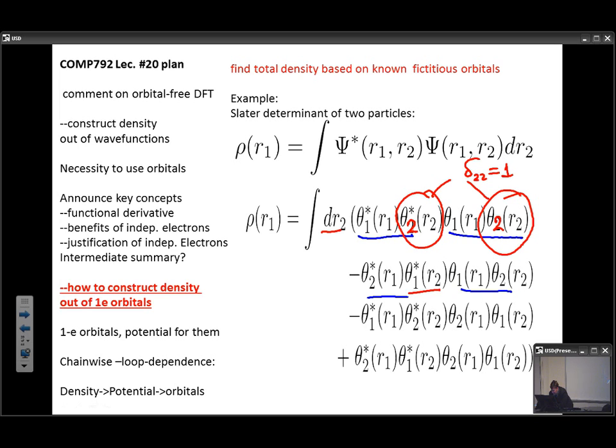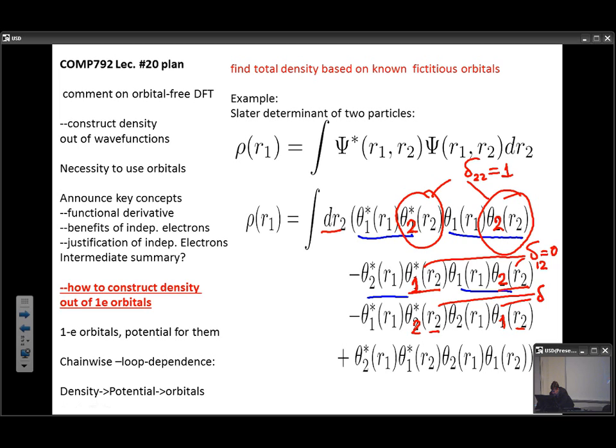Let's look at the second term. This one depends on R2 and this one depends on R2. Here it is orbital number 1 and orbital number 2. When integrating them together, you get delta 1,2, which equals 0, right? Here we have orbital number 2 depending on R2, and orbital number 1 depending on R2.